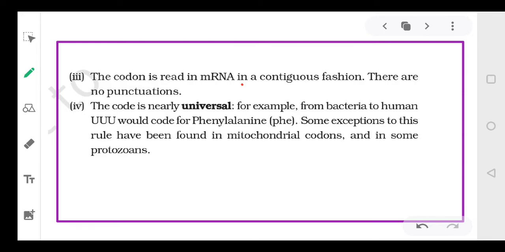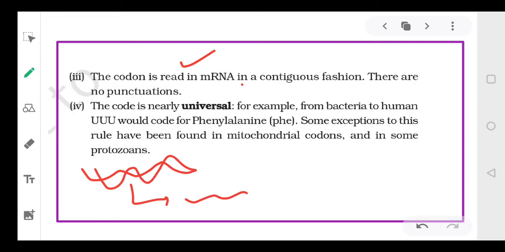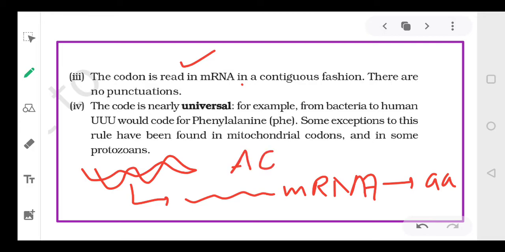Now codons are always read in mRNA. See, I told you, you will have DNA, isn't it? So from DNA, mRNA will be made. And this mRNA has the information to code for a specific amino acid. Okay, clear? Now this A, G, T, C, A, G, T, A sequence is continuous.